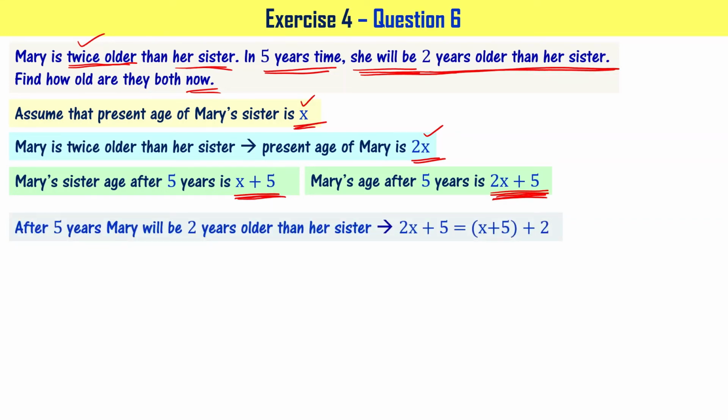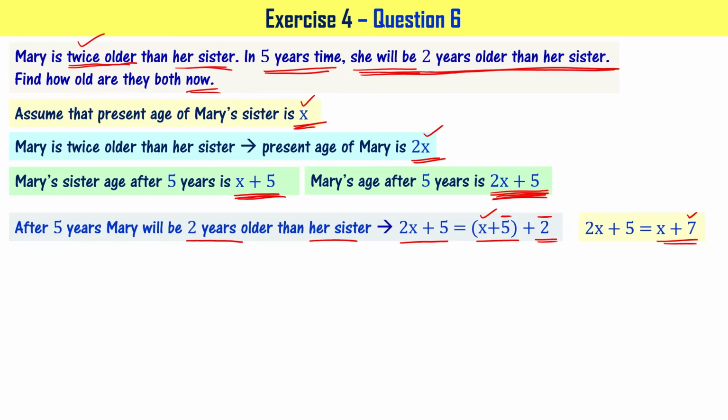After 5 years, Mary will be 2 years older than her sister, meaning Mary's age is going to be equal to Mary's sister age plus 2. Right? Let us simplify this equation. That can be written as 2x plus 5 equal to x plus 7. Right? x plus 5 plus 2, that is equal to plus 7. 2x plus 5 equal to x plus 7.